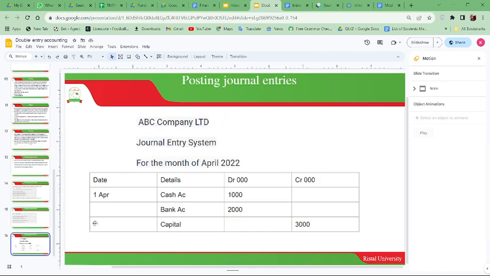So in our table we have to write the description. You write the description in the column of details. So you write started the business with cash and bank.